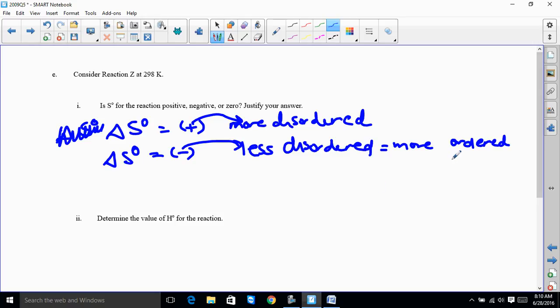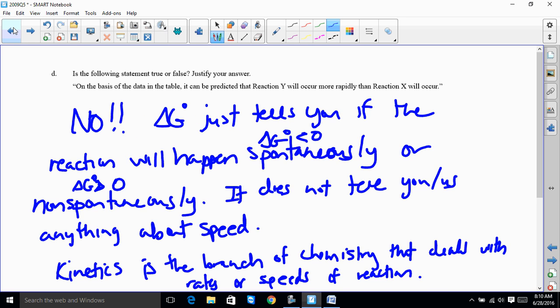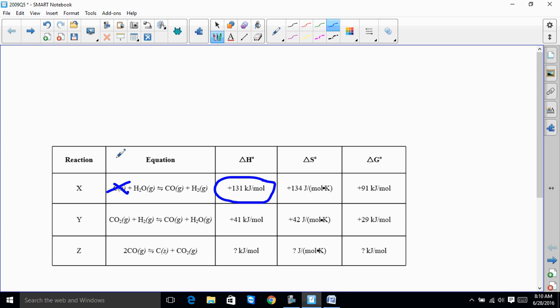If you throw a deck of cards off a cliff, they're not going to land all 52 right on top of each other in a perfect little pile, because things go from order to disorder spontaneously.